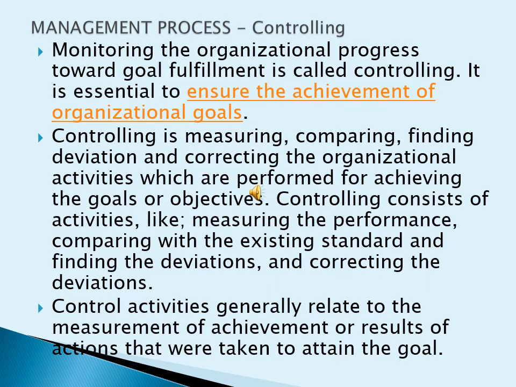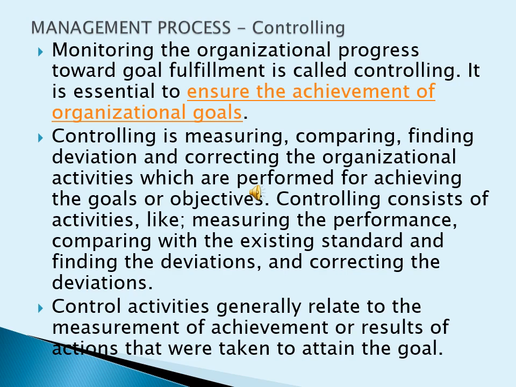And the last activity in the management process is controlling. Controlling is related to monitoring the organizational progress toward fulfillment of the goal. This is essential to ensure the achievement of the vision and mission of the organization. Controlling is measuring, comparing, finding deviations, and correcting the organizational activities which are performed for achieving the goals or objectives.